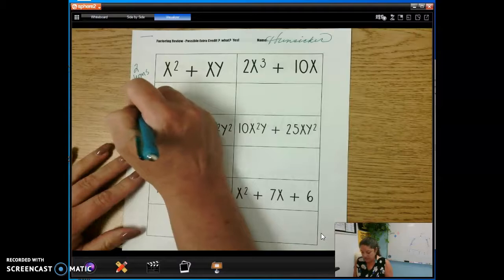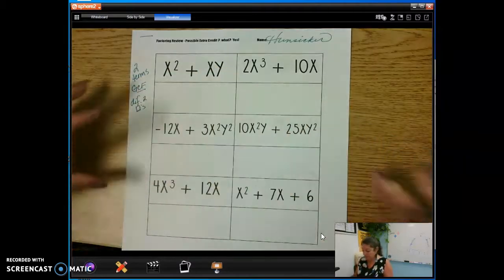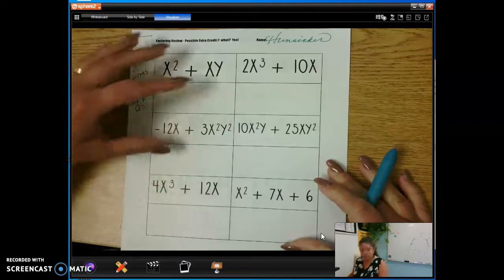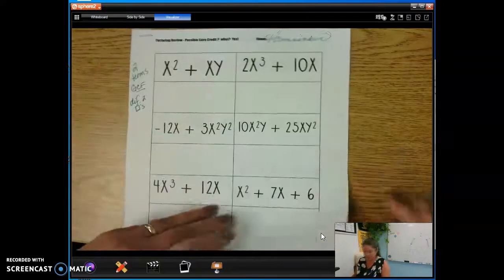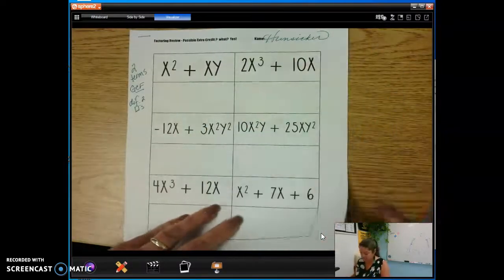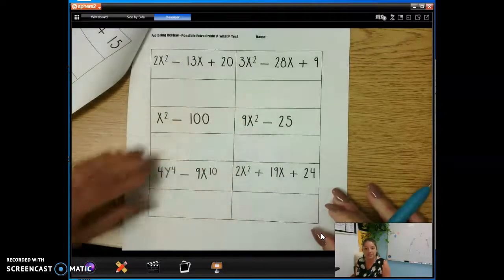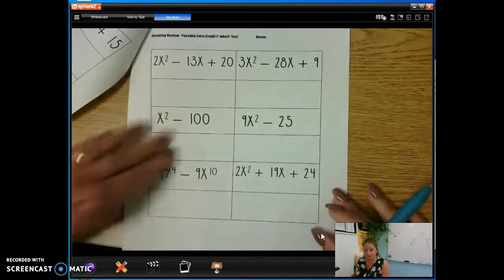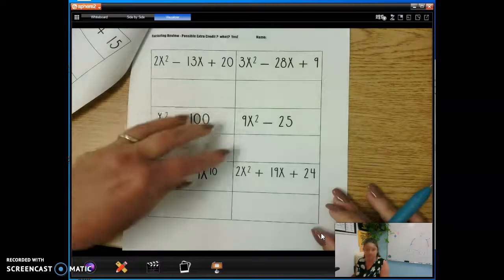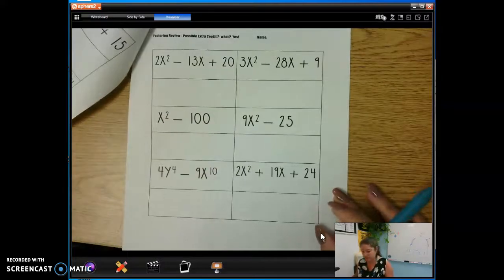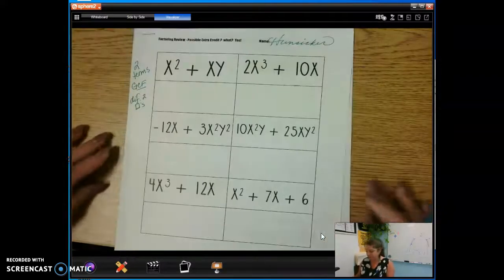The other one is going to be where it's a difference of 2 squares. Now, these 5 are all GCF problems, so we're going to take a greatest common factor out. The last few problems, these 3 right here that only have 2 terms, are difference of 2 squares, and I'll show you how those work when we get back there, okay?